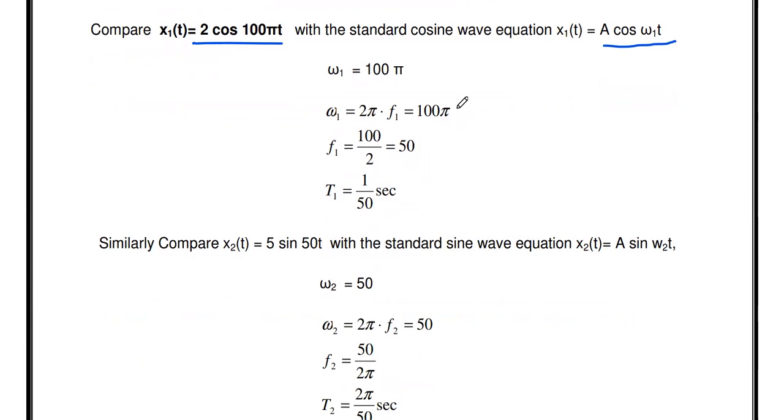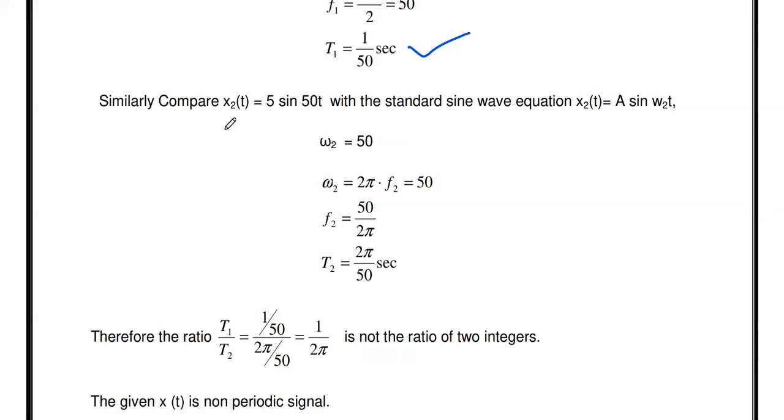So 2 pi f1 equals 100 pi. Here the pi cancels, and 100 divided by 2 gives 50. So f1 is equal to 50. After calculating the frequency, we calculate the time period, which is the reciprocal of the frequency: 1 divided by 50. So the first time period is calculated.